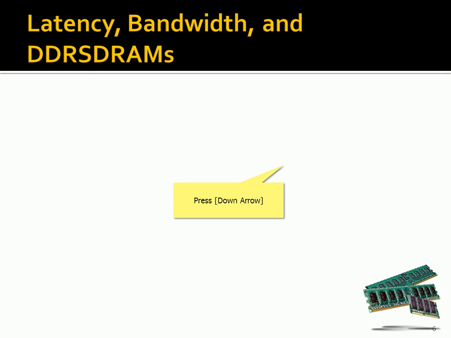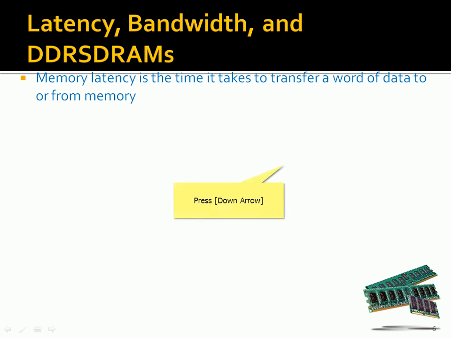And DDR stands for double data rate synchronous dynamic random access memory. Normally we have seen SDR, the single data rate. That single data rate is achieved with the help of the rising edge of the clock pulse, so for every rising edge of the clock pulse the data will be transferred.